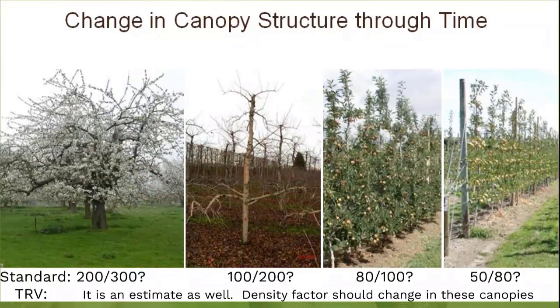Again, in this picture, deciding on a rate is not a trivial matter. Horticulture has changed over time. These estimates of 200, 300 to 50, 80 on a tiny canopy may be correct or could be totally wrong. Using tree row volume may also give you a good estimate of rate, but in the mathematical calculations, there is an estimate of density that needs to be guessed slightly in order for you to get a correct calculation.